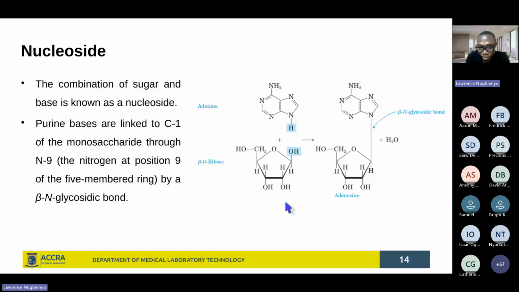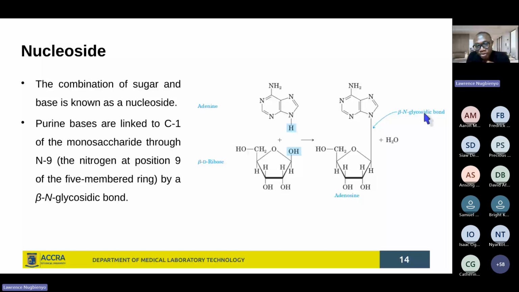The bond that is between those amino acids, you refer to as peptide bonds. The same way, when you go into carbohydrates, the bond that exists between monosaccharides, you refer to it as glycosidic bond. Glycosidic bond. And so bonds that monosaccharides form with other components are referred to as glycosidic bonds.